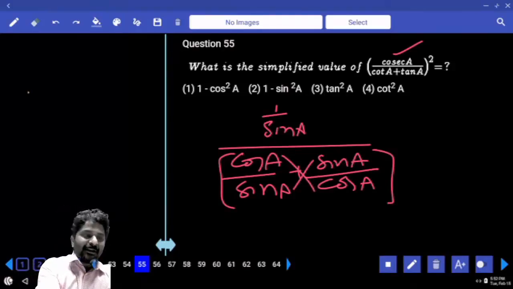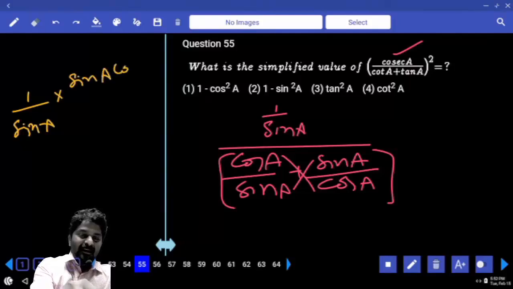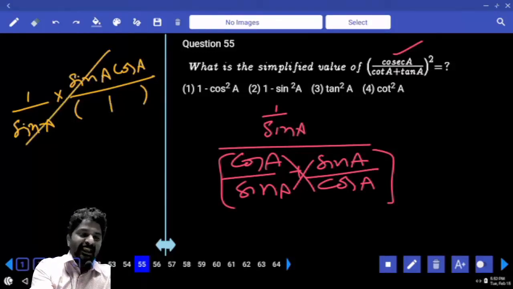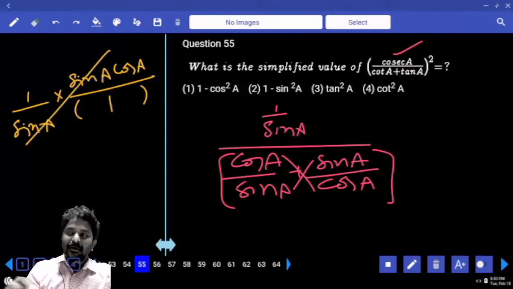Denominator and denominator, that comes to numerator. So it becomes 1 by sin A into sin A cos A by cos square A plus sin square A, which is equal to 1. Sin A gets cancelled.